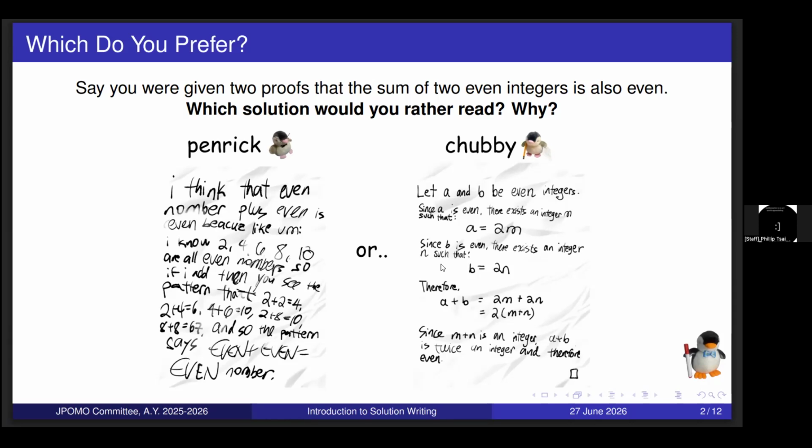Oh, Andrew, yes, and Aries also. They both answered Chubby, but why not Penrick? Why is Penrick's solution worse than Chubby's?